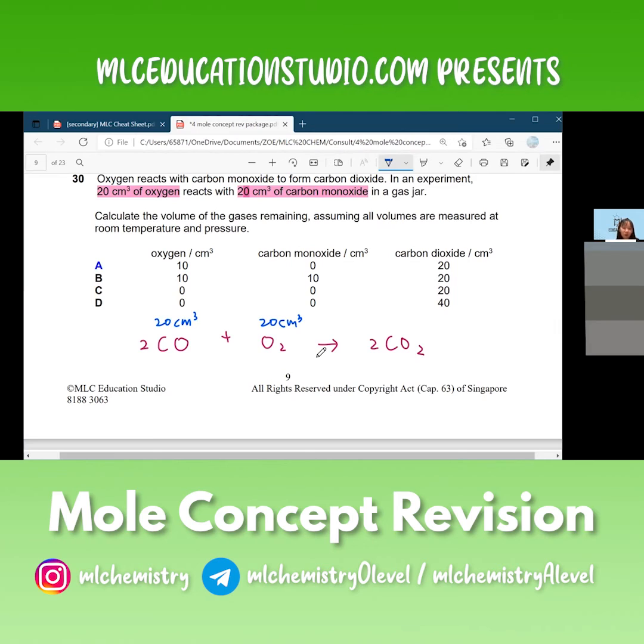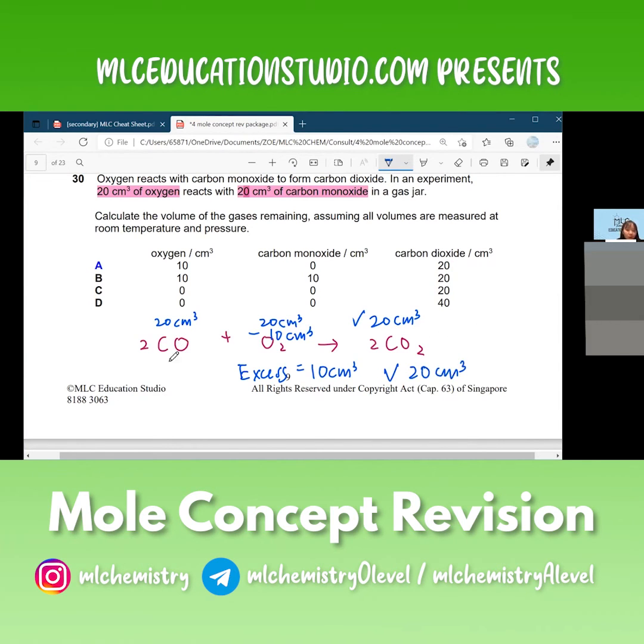That's specifically for gas. That means what? If you look at the mole ratio 2:1 for CO and oxygen, you realize that oxygen is in excess. I only use up 10 cm3 if I want to use up everything for CO. By mole ratio, you still get 20 cm3 of product. So excess would be 10 cm3 and you produce 20 cm3 of CO2.